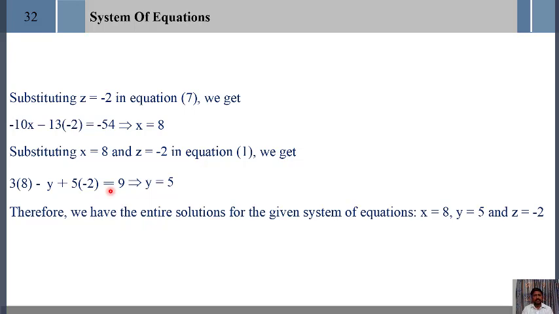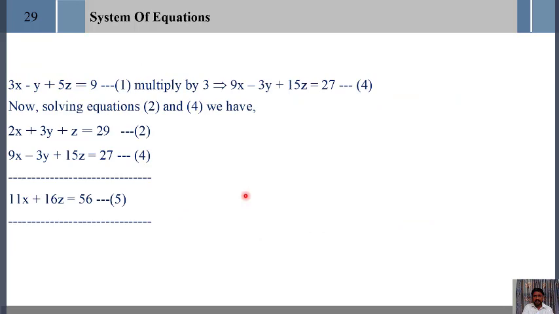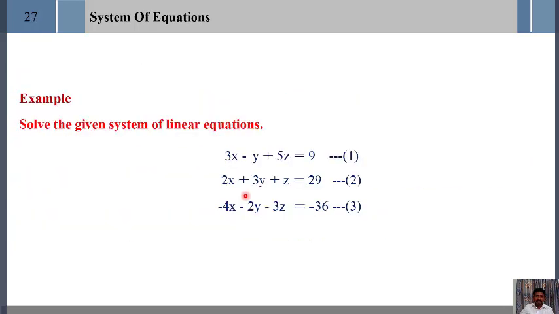Now to check whether the obtained solutions are correct or not, simply substitute the values of x, y and z in the given set of equations. Then the right hand side values are 9, 29 and minus 36. Now check the given problem: the first equation's right hand side value is 9, the second equation's RHS value is 29 and the third equation's right hand side value is minus 36.